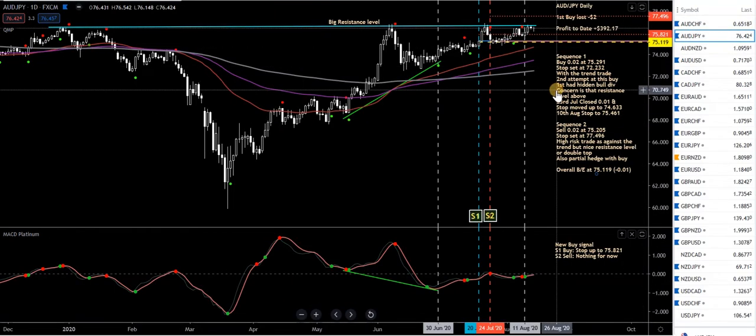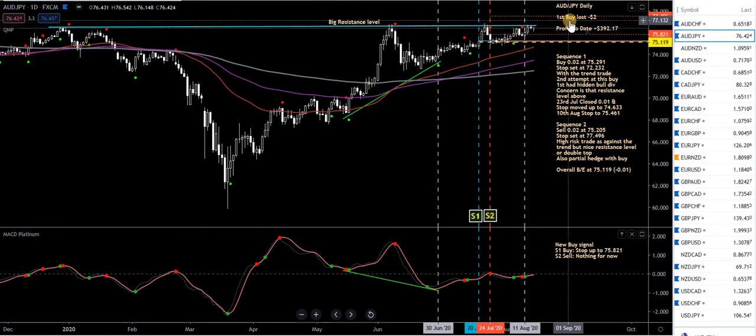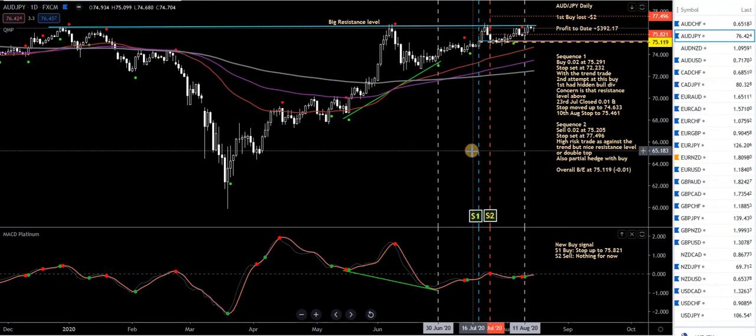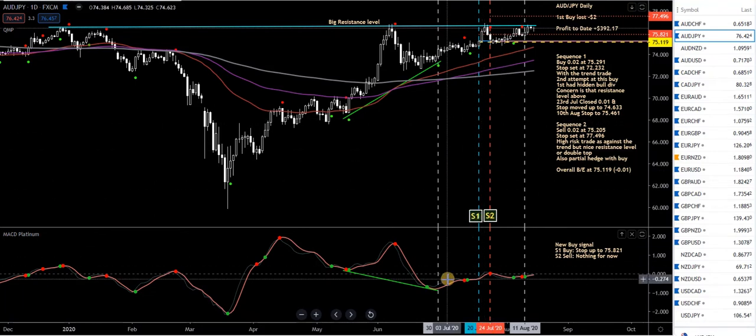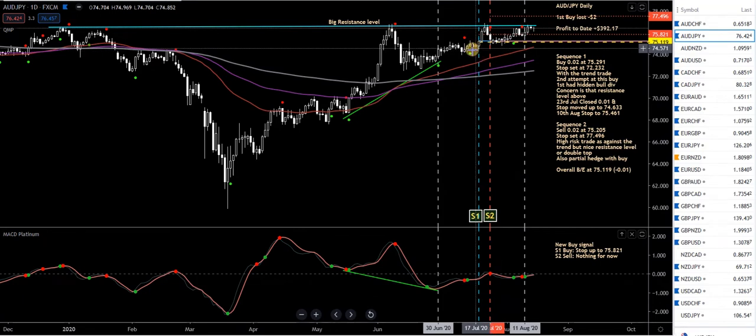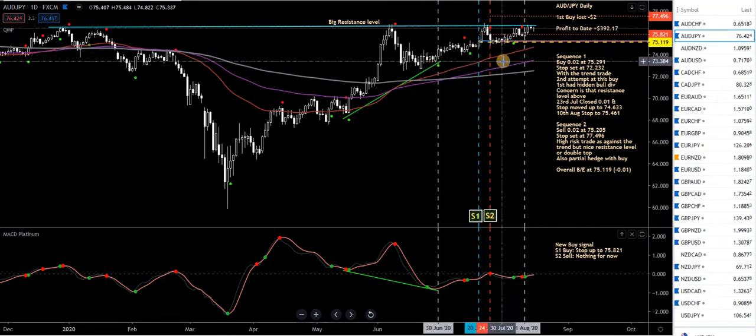Aussie Japanese yen. Now you'll see here I took a buy in here, that one was profitable. I took another buy somewhere. No, that one's right. I'm just trying to work out what I did here.